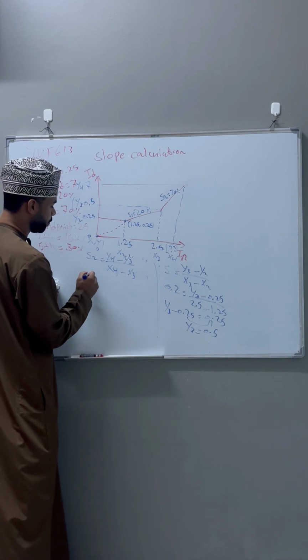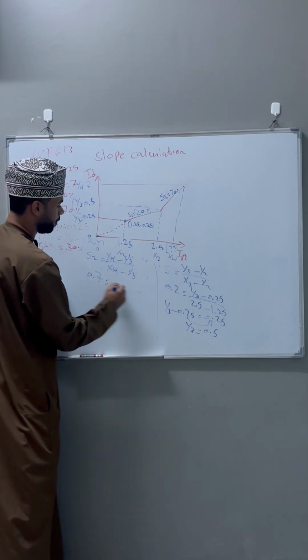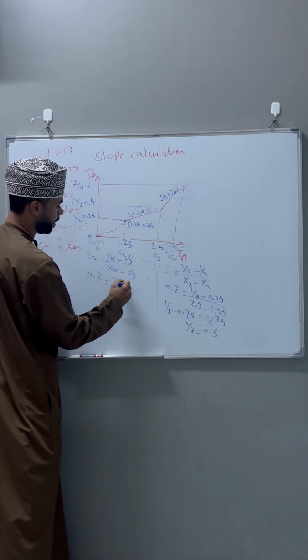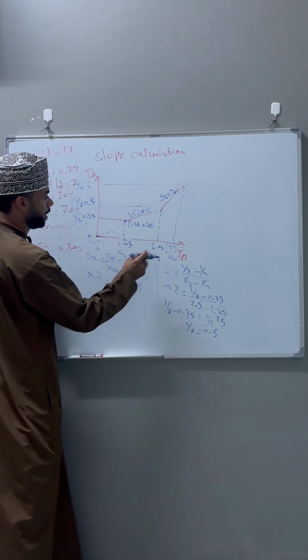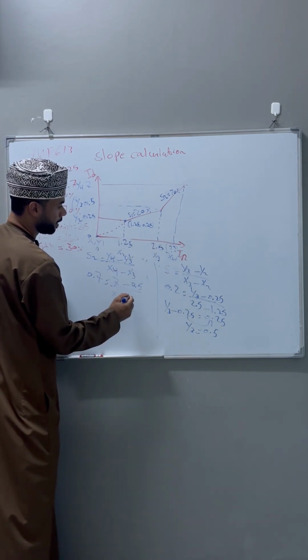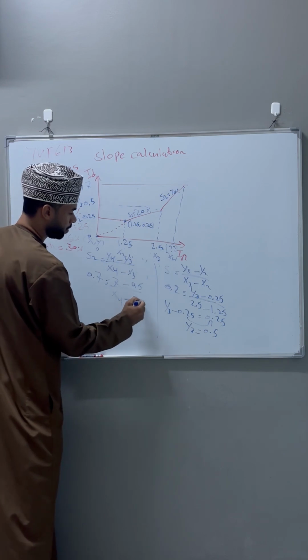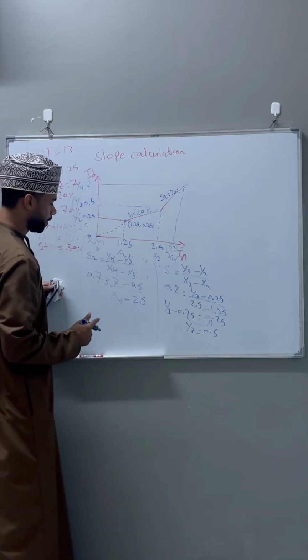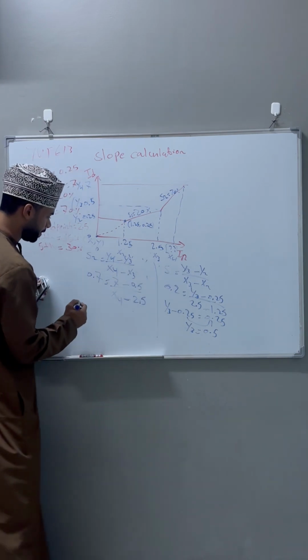Okay, slope 2 is 0.7, y4 is 7 minus 0.5, and x4 is unknown, I need to calculate it, then minus 2.5.